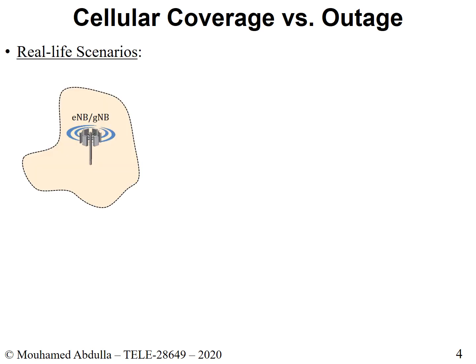So in a real life scenario, as we discussed in the previous slide, you might have a coverage that will look more or less something like this. And we said there are two key reasons why this happens. One reason is that you have your radiation, which is delineated by the transmit power of your eNodeB.